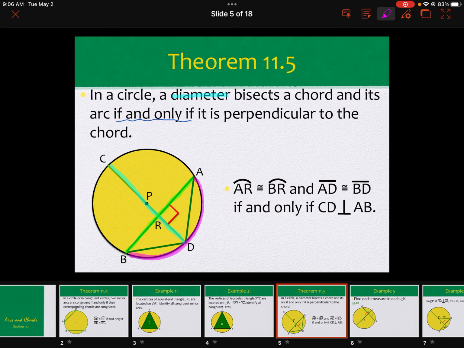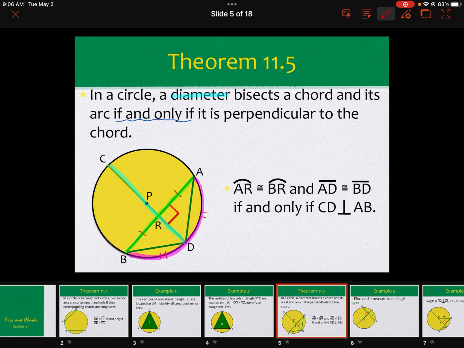So notice how we have that right angle box there. That's what perpendicular means. So if you have that blue diameter crossing that green chord and it bisects it, and it bisects the arc, then that angle has to be a right angle.